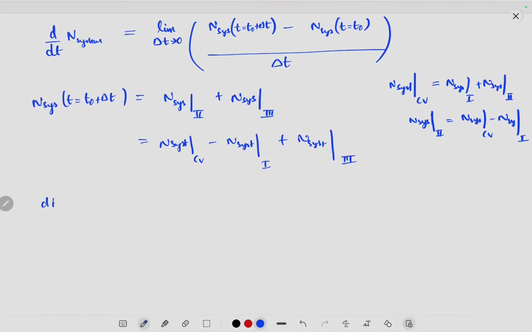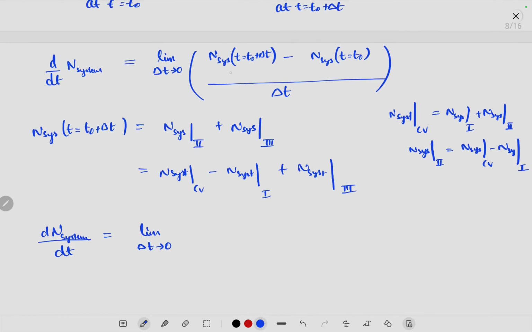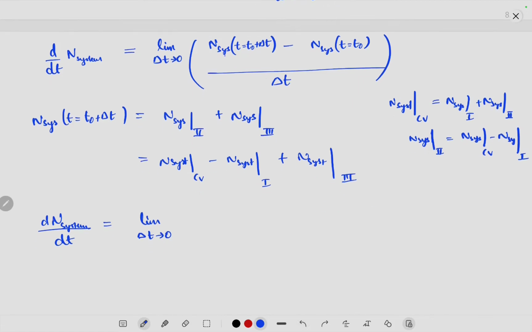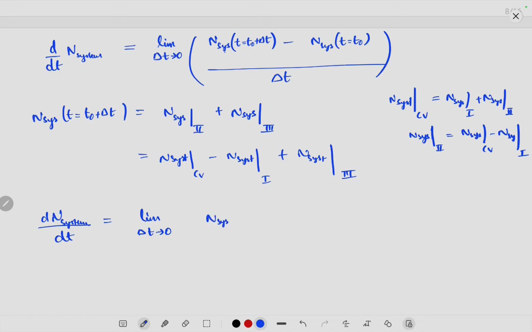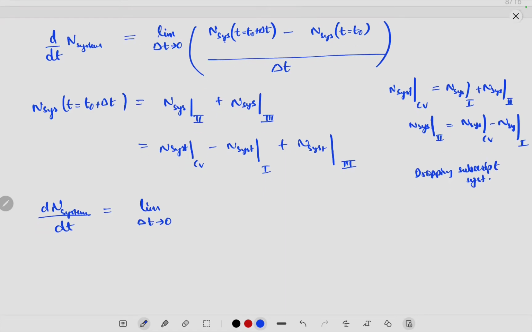So we'll have dN_system/dt equal to the limit as delta t approaches 0, with N_system at t = t0 plus delta t written with this expression. Let me now drop the subscript system.